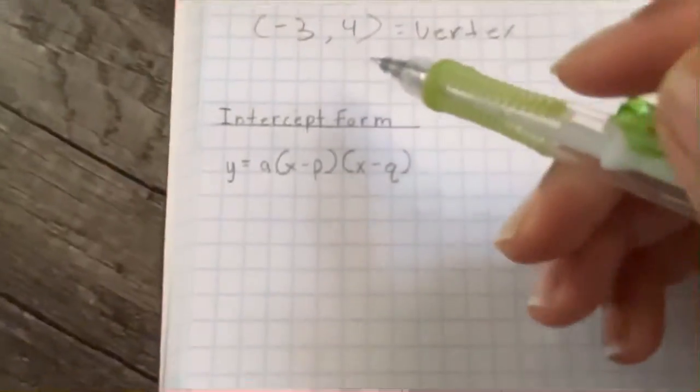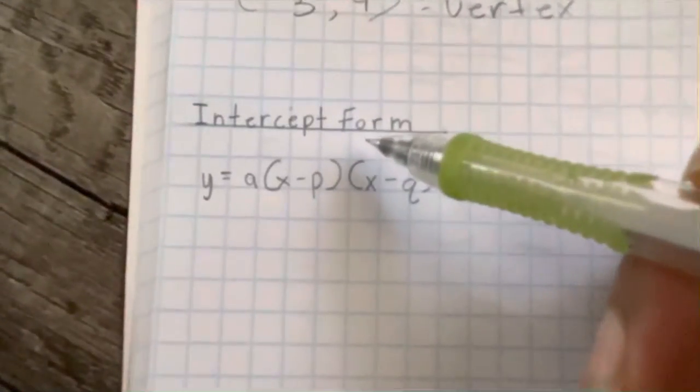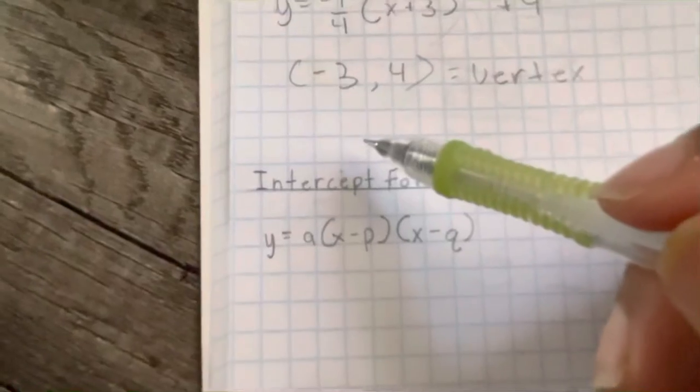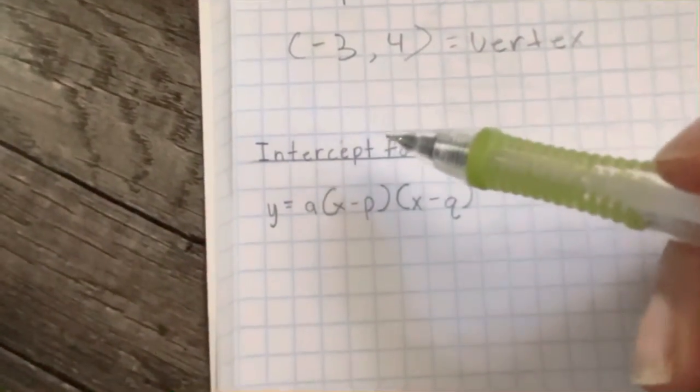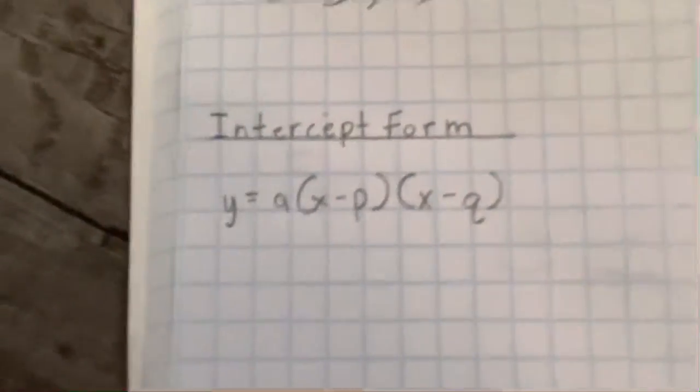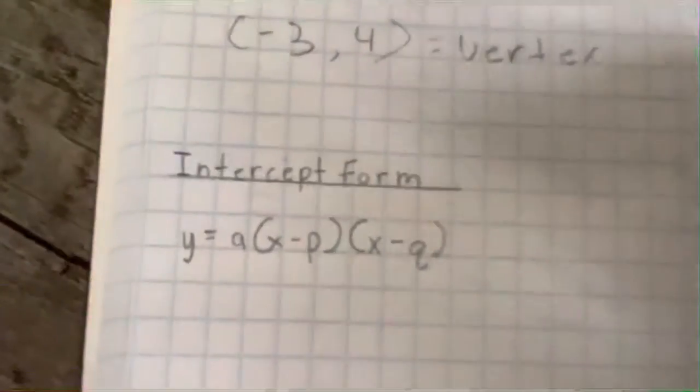So moving on, we have intercept form. Intercept form is written as y equals a into x minus p into x minus q. The reason intercept form is useful is because it gives us our solutions right in front of us.